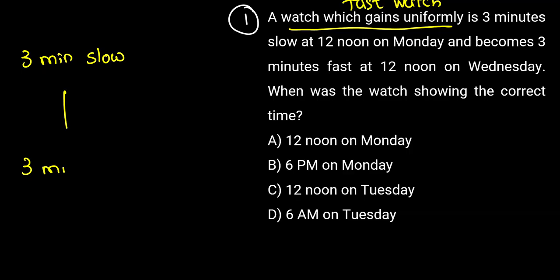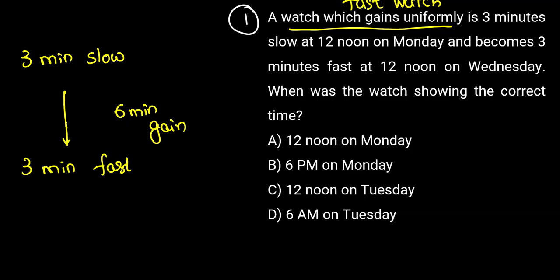fast. Okay. 3 minutes slow becoming 3 minutes fast means you gained 6 minutes. Can I say that? 6 minutes gain has happened? Yes or no? Minus 3 to plus 3, sir. You are in a debit of 3 lakhs, then you become a credit of 3 lakhs.